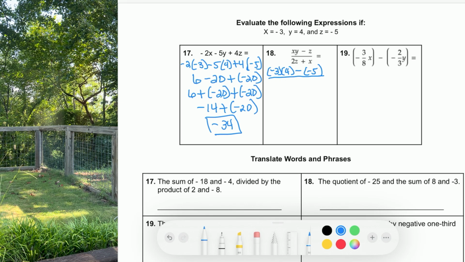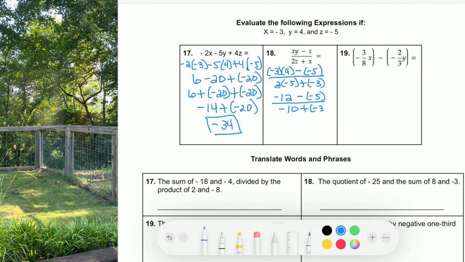2 times z, so z is -5, plus our x value, which is a -3. -3 times 4 gives us a -12. 2 times -5 gives us a -10. I'm going to do keep it, change on the top, the numerator.